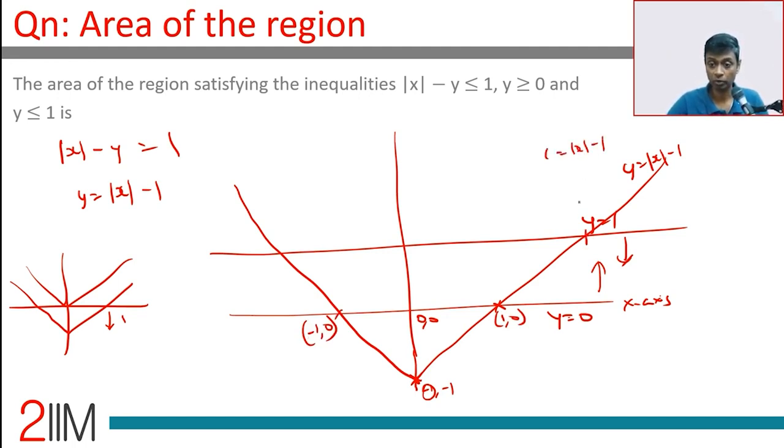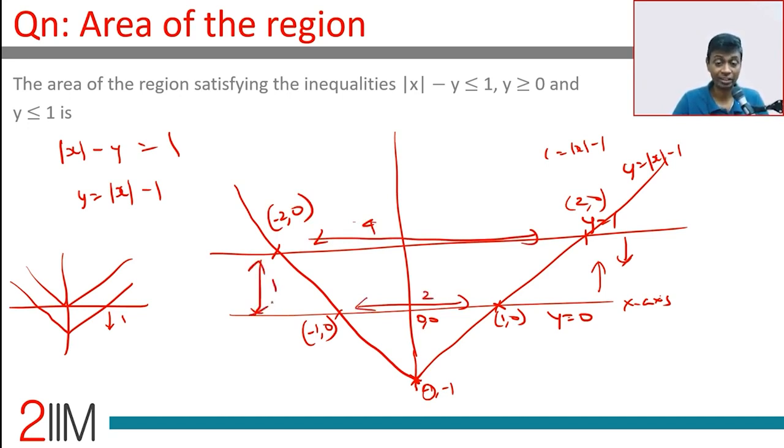Mod x should be 2, 2, 0, or minus 2, 0. This distance is 4. This distance is 2. We're talking about a trapezium of height 1 and parallel sides 4 and 2. Half into 4 plus 2 into 1. Half of 6, 3 square units.